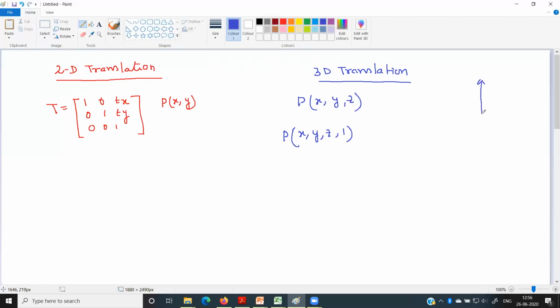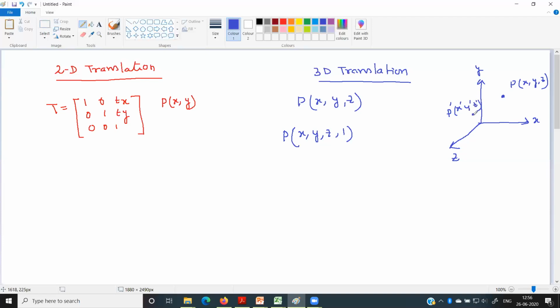So in our 3D coordinate system, in the 3D plane, there are three coordinates: X, Y, and Z. Now, if there is a point P with coordinates X, Y, Z, and I want to translate the point P to somewhere here, let us say the new coordinate of this point P will be X dashed, Y dashed, and Z dashed.